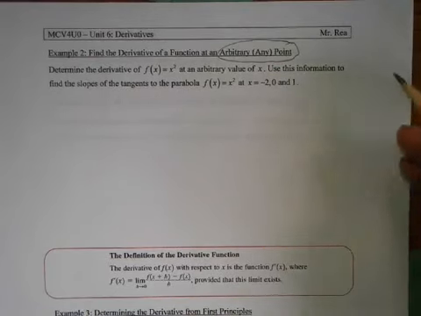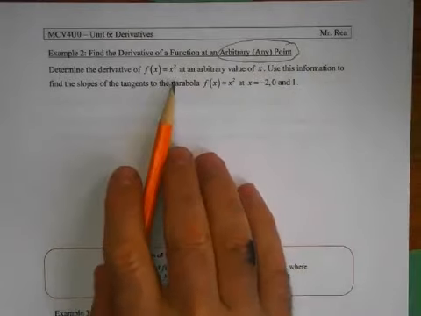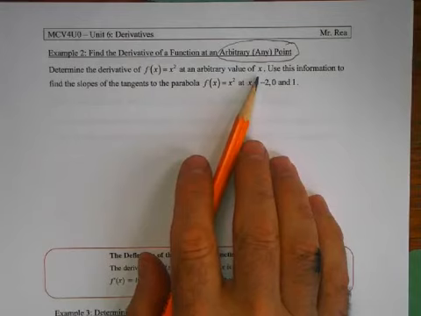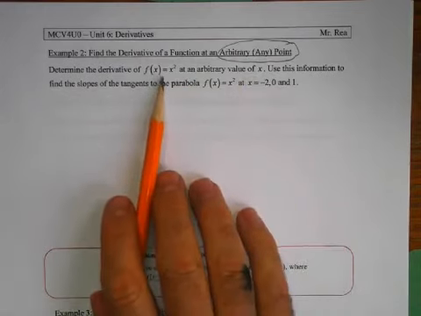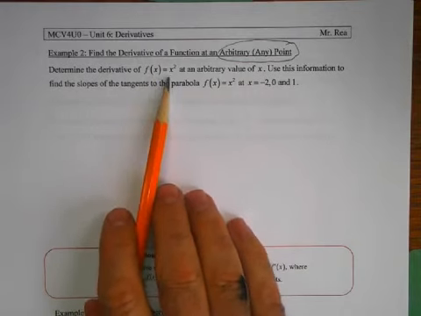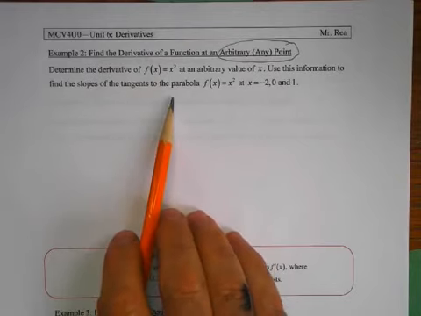So in this case, same function, f of x equals x squared. This time it's just a general formula for x. Okay, and this is what we'll be doing in the future. We get a general derivative function for x squared, and then we can just use that for any value of x. We don't have to keep doing that whole process we just did in example 1 over and over.